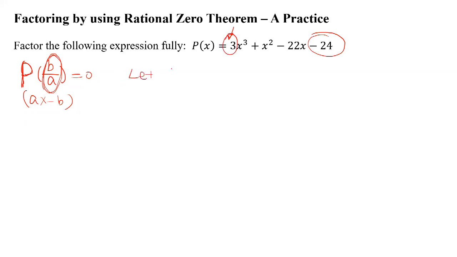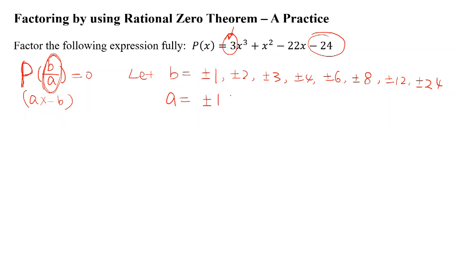So we can just let b be all possible factors of the constant term, which is positive or negative 1 or 2 or 3 or 4 or 6 or 8 or 12 or 24, right? And let a be all possible factors of the leading coefficient, which is positive or negative 1 or 3, right?